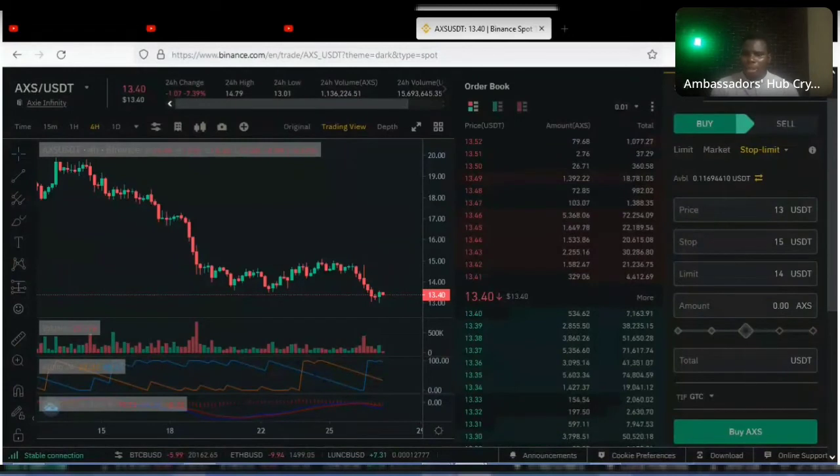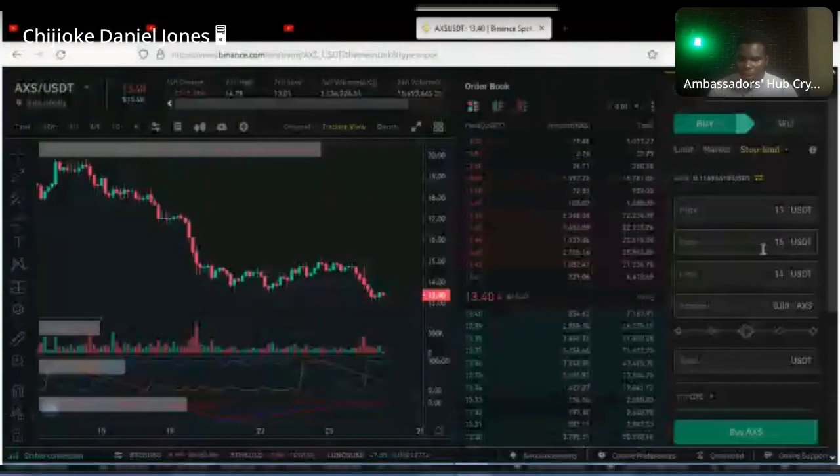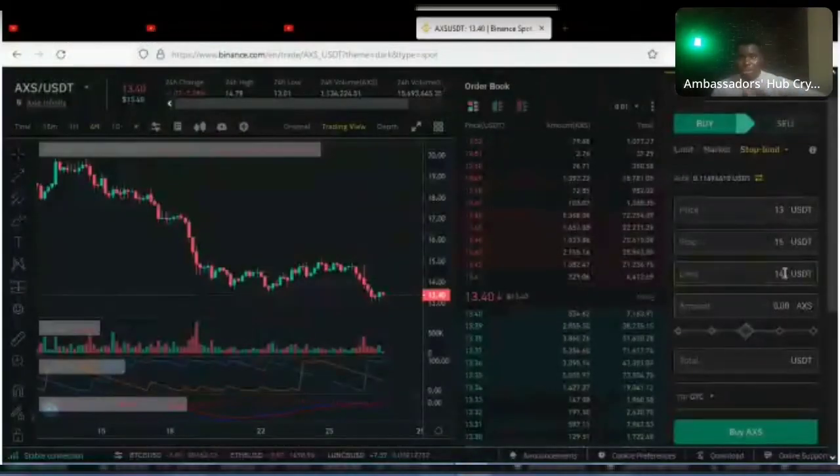But let me explain this order cancel order and then we'll be out of here. On the buy side, let's say you're expecting the market to go up, there's an uptrend, but you don't want to buy at the current market price. And you're not expecting the market to drop lower before going up.